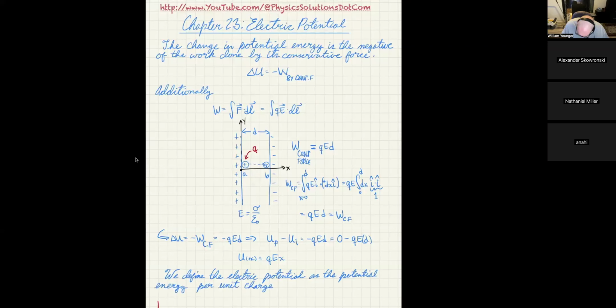we went from F, which was Coulomb's law, which said that we had k Q1 Q2 over r squared. We went from there to the electric field by taking the force per unit charge, which of course became k Q1 over r squared.